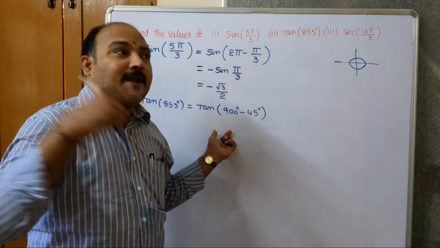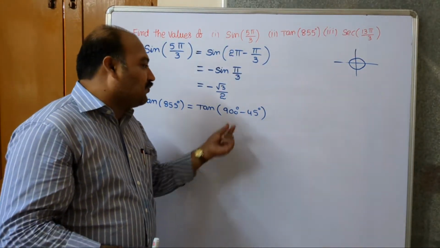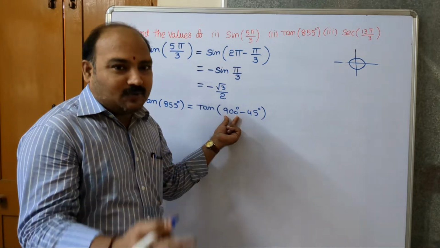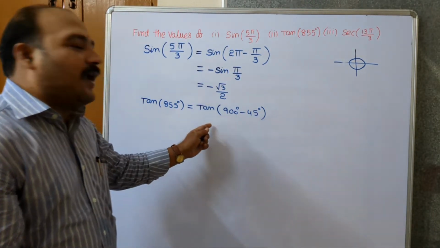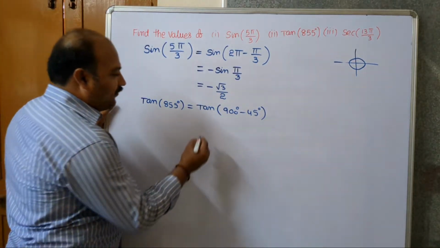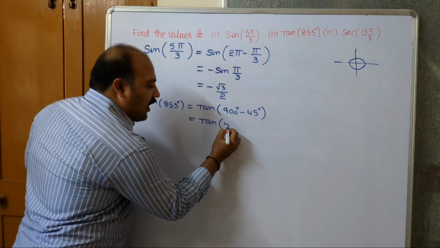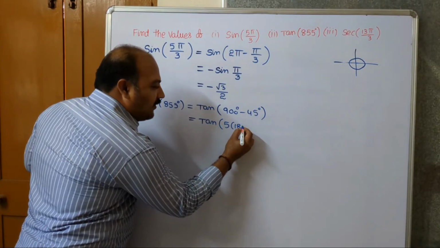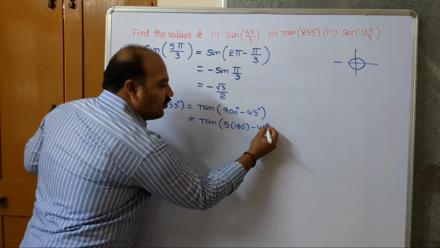How to write 900 in terms of pi or pi by 2? 90 into 10 we can also write. Otherwise 5 times of 180. So that is equal to tan of 5 into 180 minus 45. Okay dear students.